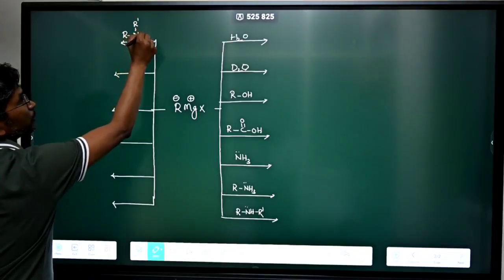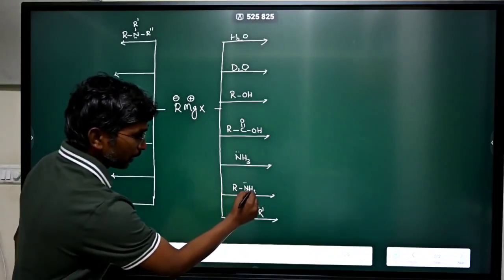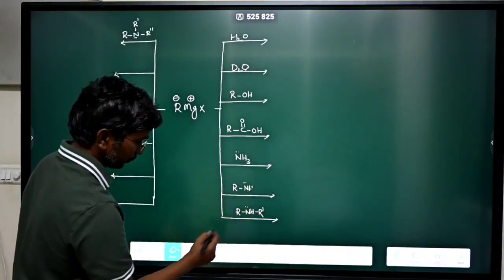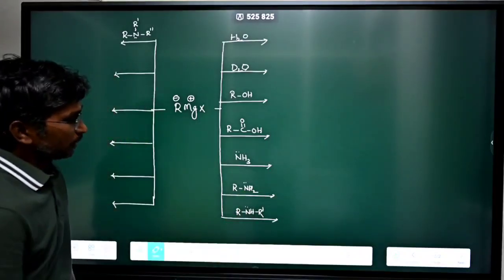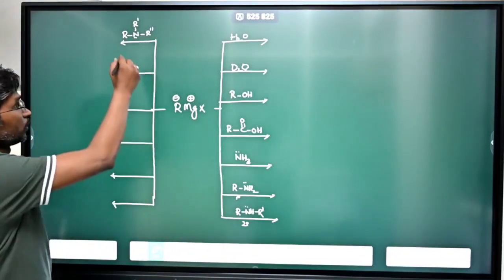R dash, R double dash. Nitrogen is having one lone pair of electrons. This is RNH2, primary amine. This is secondary amine. This is tertiary amine.